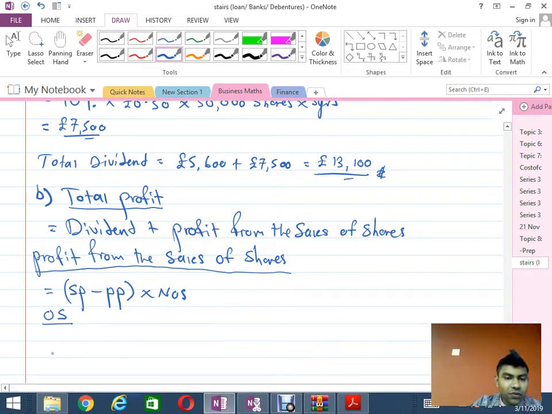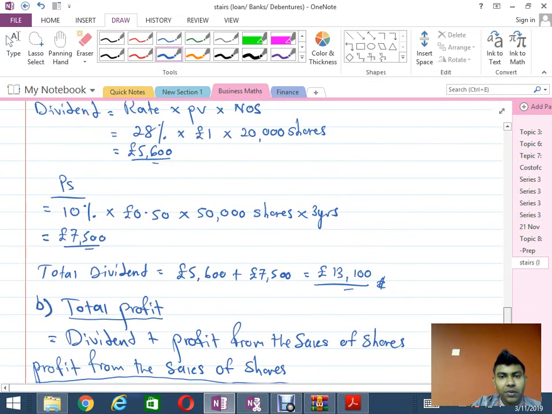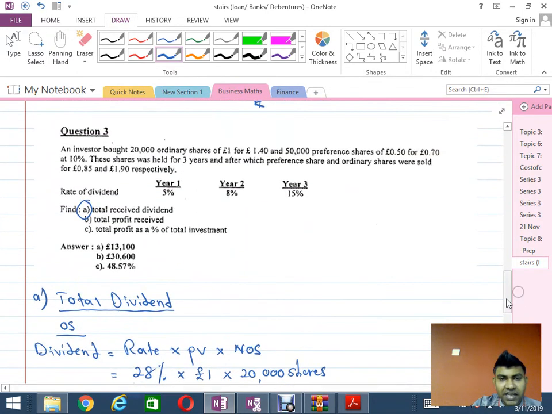For your ordinary shares, how much is your selling price? Go back to the question. Preference shares and ordinary shares were sold at 0.85 and 1.9. Be careful, this is for preference share, this is for ordinary share. Follow the sequence.